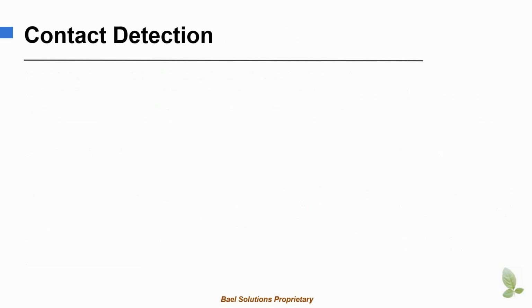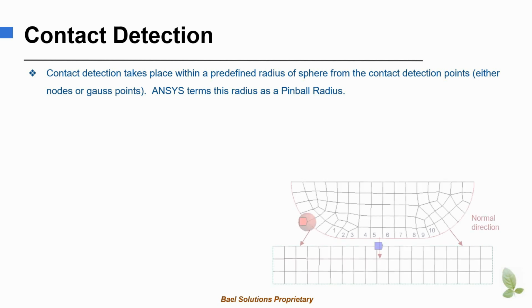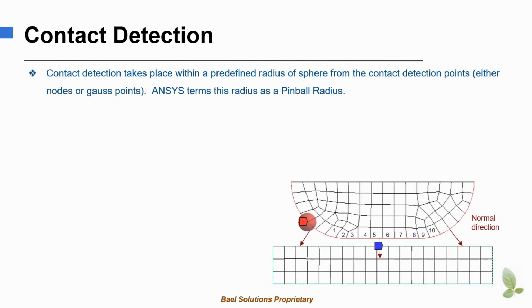Now, we are going to see how contact detection takes place at the contact-target interface. If the contact and the target surface elements are within a predefined distance from each other, the contact is detected at the interface.